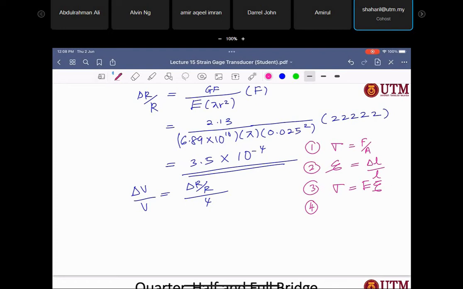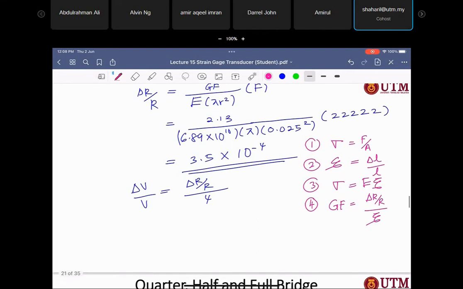So when you buy the strain gauge, you will have the gauge factor, and the formula will be delta R over R with strain. Okay, that's formula number 4.